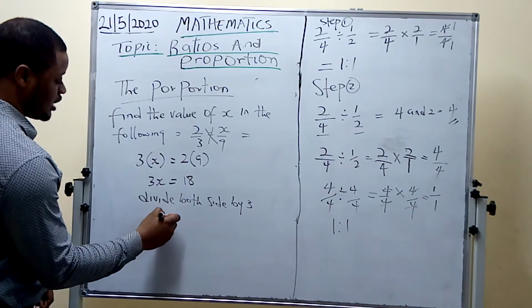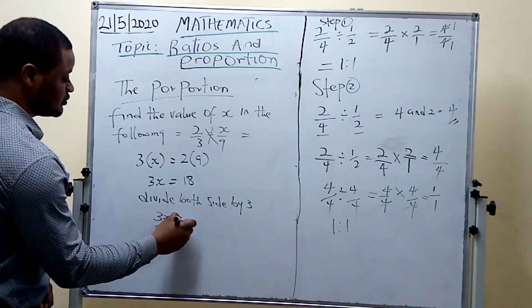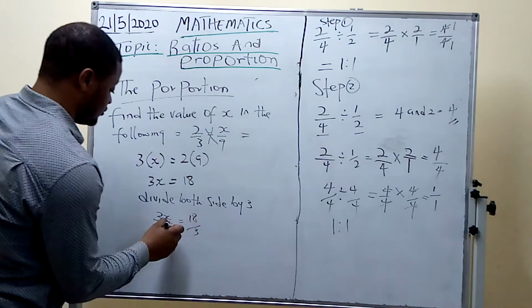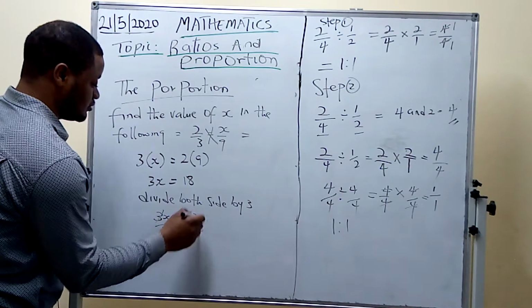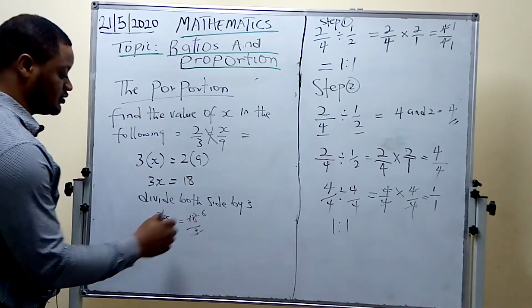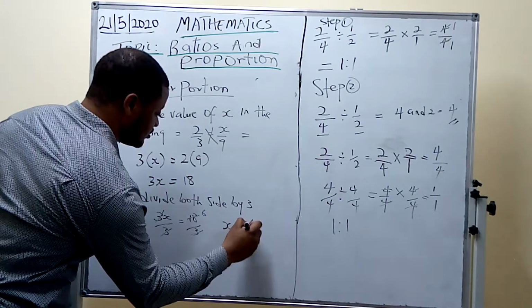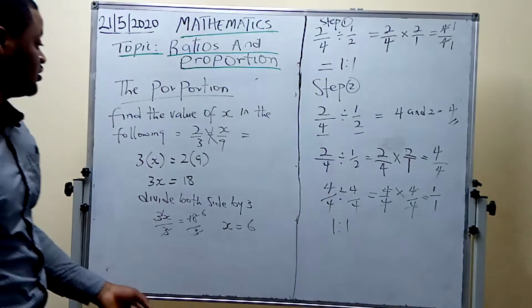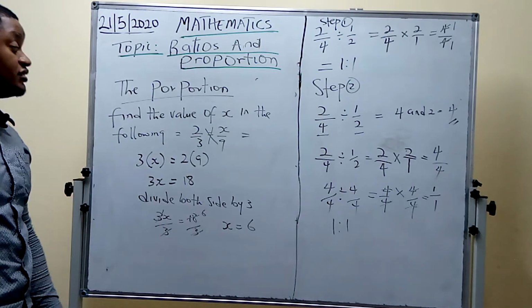We have 3x divided by 3 and 18 divided by 3. So 3 cancel 3. We have 6. x is what? 6. The value of x is now 6.